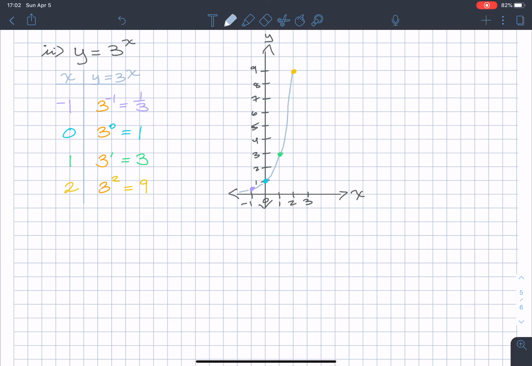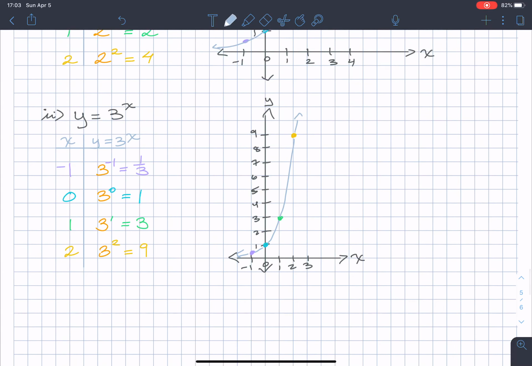This definitely shows what it means to grow exponentially. Okay, so that is the graph of 3 to the x. Not done very well. Let's see if I can draw this a bit better. So 3 raised to the x power.